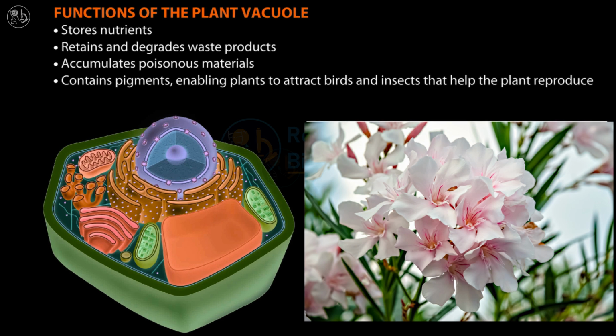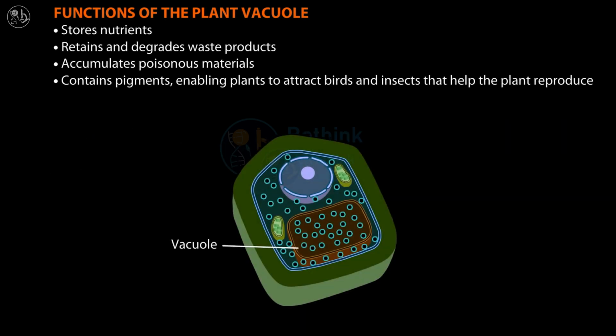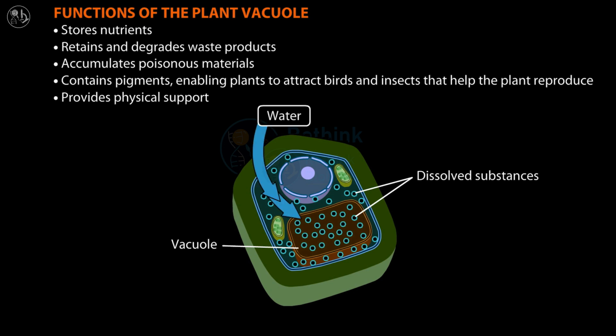The vacuole may contain pigments, enabling the plant to attract birds and insects that aid in plant reproduction. The vacuole provides physical support because it contains a high concentration of dissolved substances, allowing water to rush into the cell through the process of osmosis.